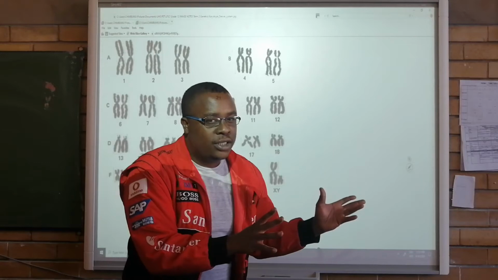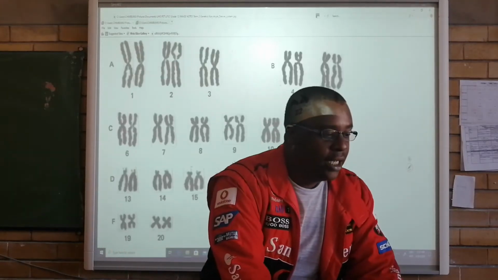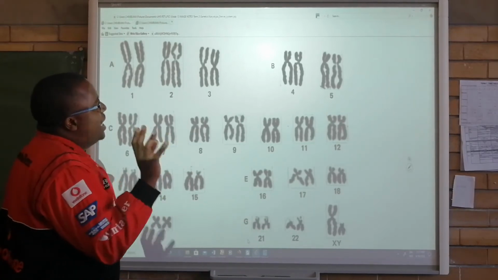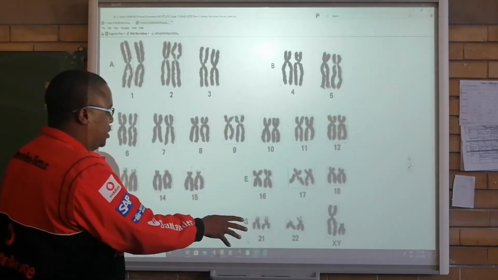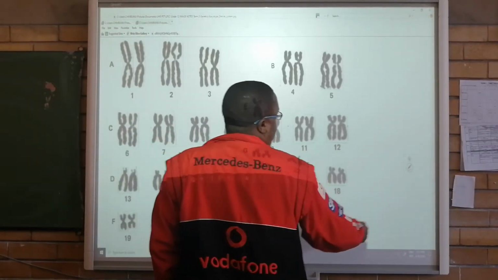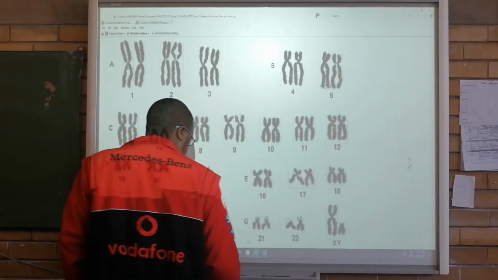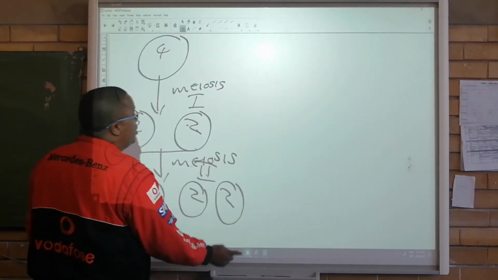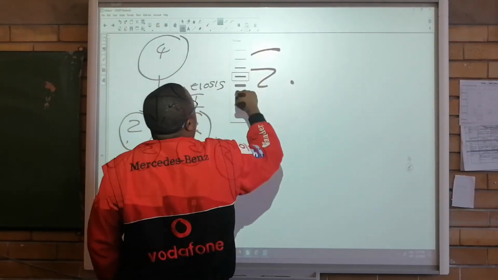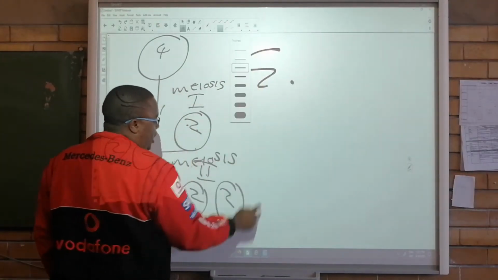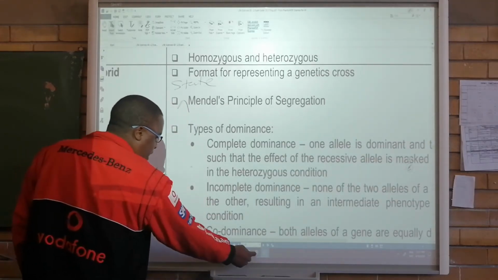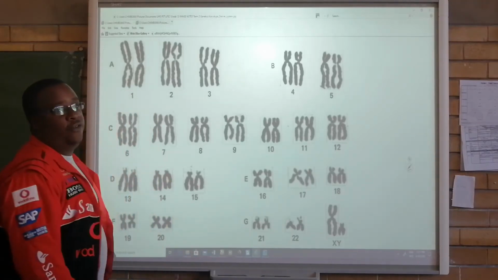It's a human karyotype, but let's agree to pretend that this karyotype is of a pea plant.